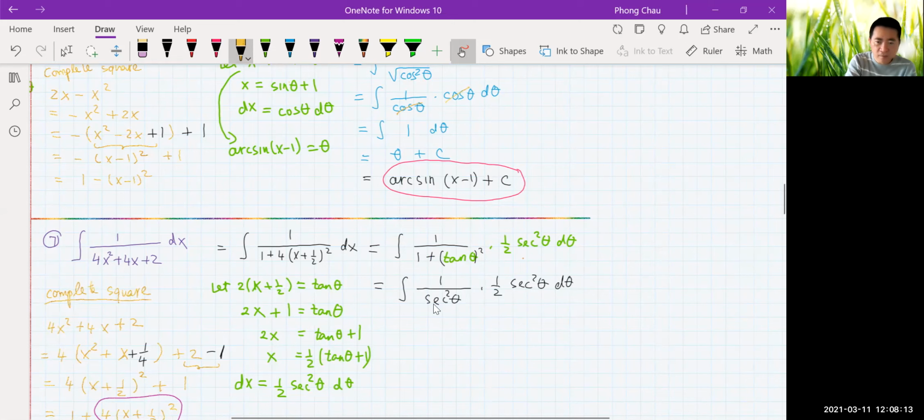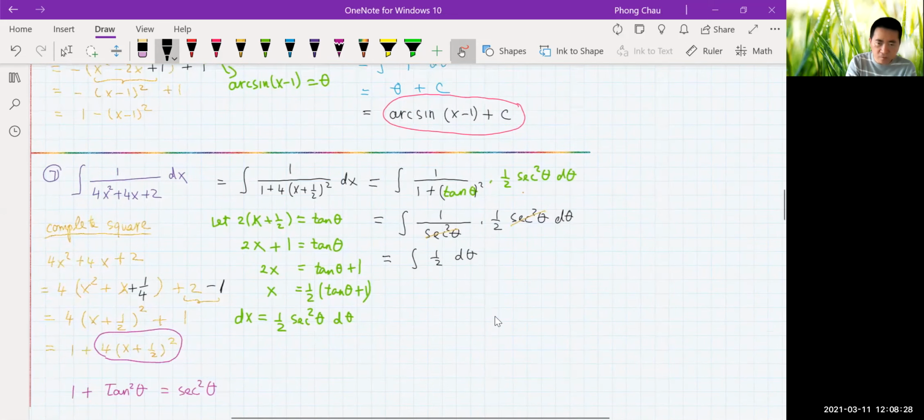Then secant squared cancels, you're left with 1/2, and of course I can integrate a half. It's a constant, so it will be 1/2 theta, plus C.